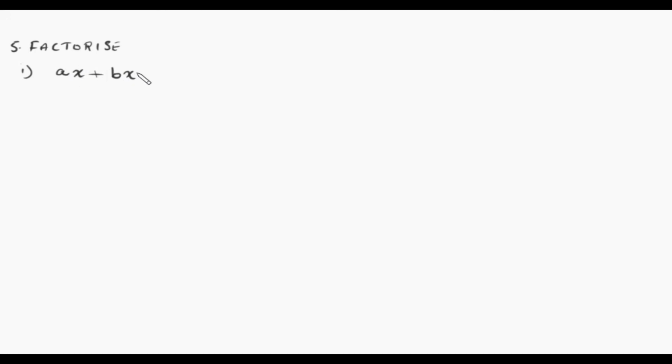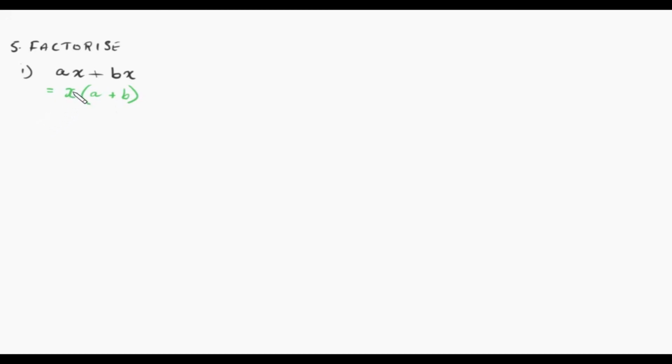So that means we are going to factor out x. When we factor, we open the bracket. We take x out. So we are going to say this is equal to x bracket. We factor out x. Then we are left with a plus b inside the bracket.